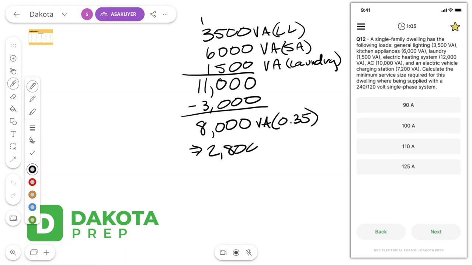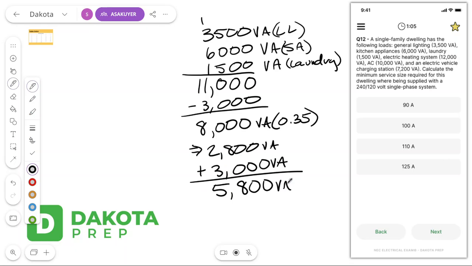But what we have to remember is we subtracted this 3,000 that we have to account for at 100%. So we have to add our 3,000 volt amps back in, and bingo, we get a 5,800 or 5.8 kVA load to account for our general lighting load.